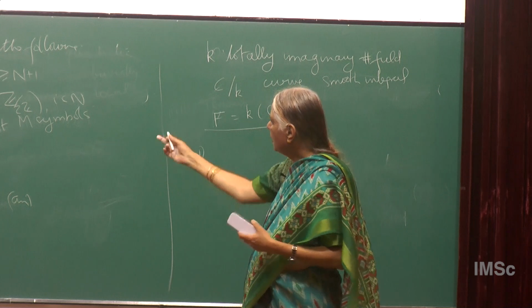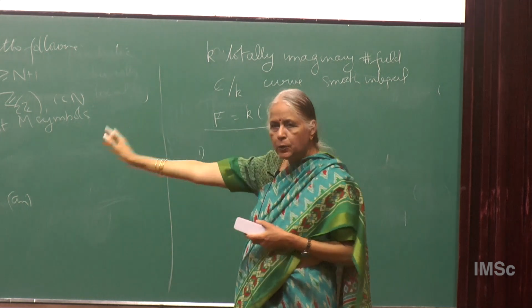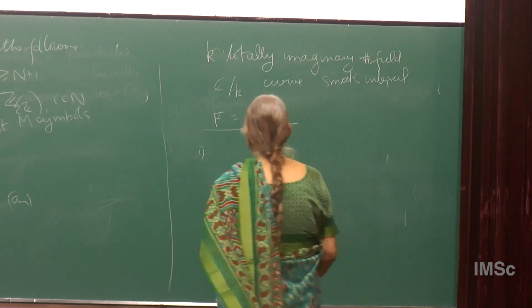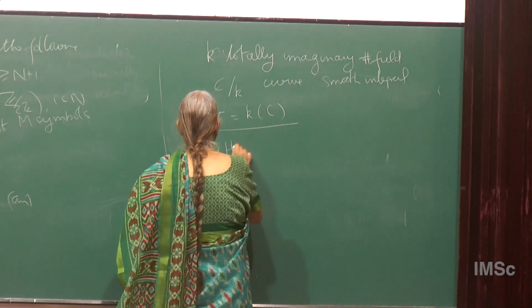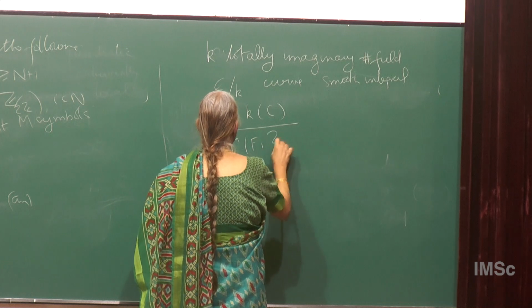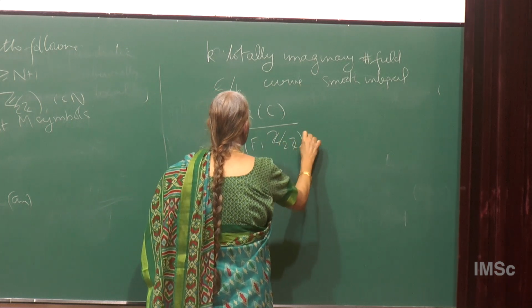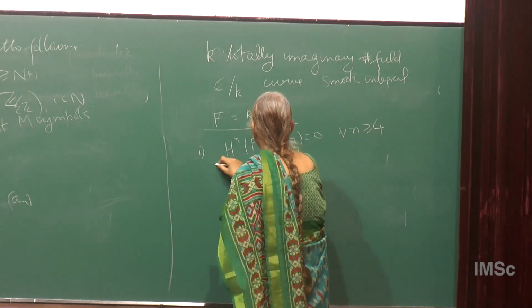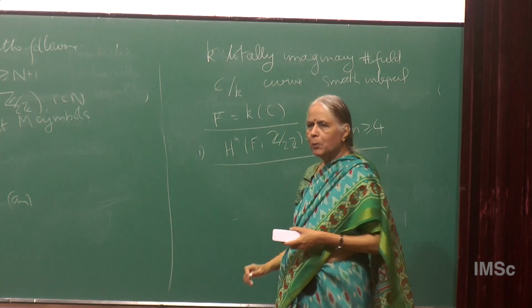If the cohomological dimension is 3, precisely from H4 onwards, all the cohomology groups vanish. So H^n(F, Z/2) is 0 for n greater than or equal to 4. So we don't have too much to bother about.